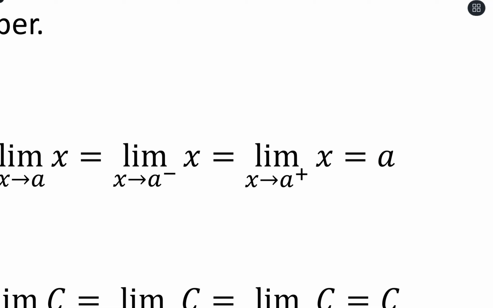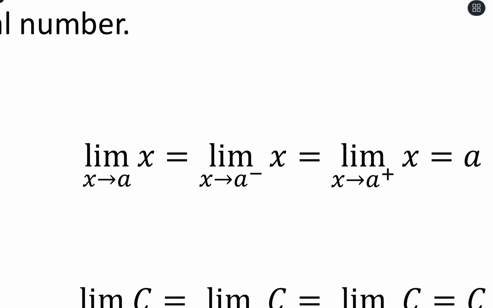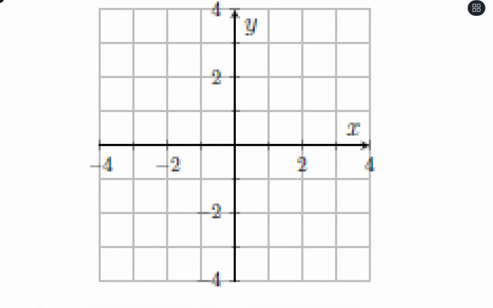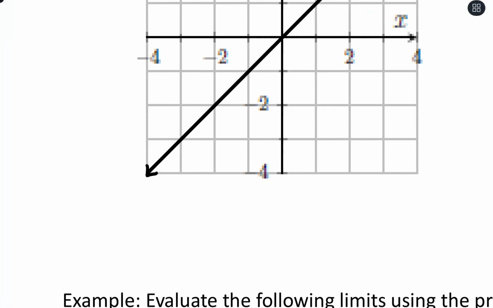So let's go ahead and prove this. What we're going to do is make a graph of our equation y equals x. That's our diagonal looking like this. Let's plug in some values. Let's say I wanted to look at the limit as x approaches 1 for our function x.